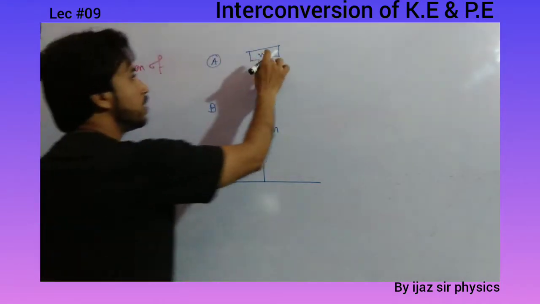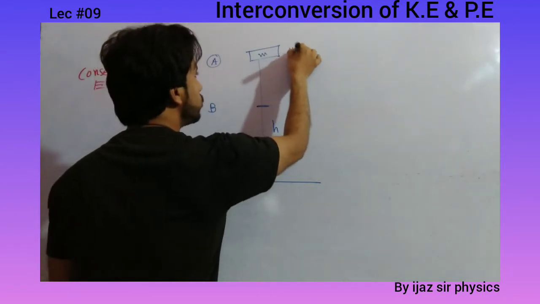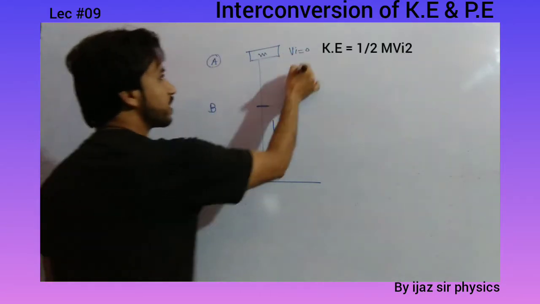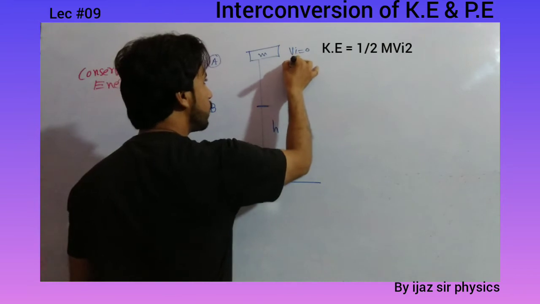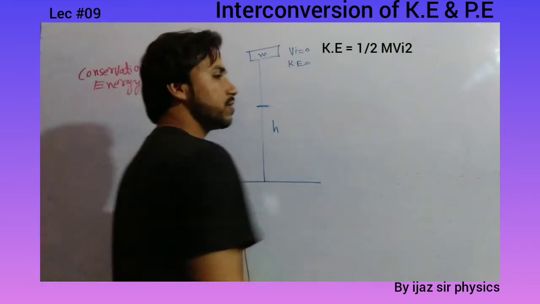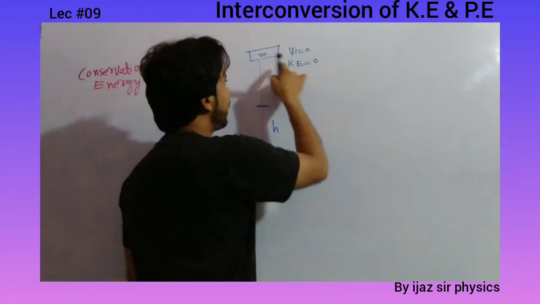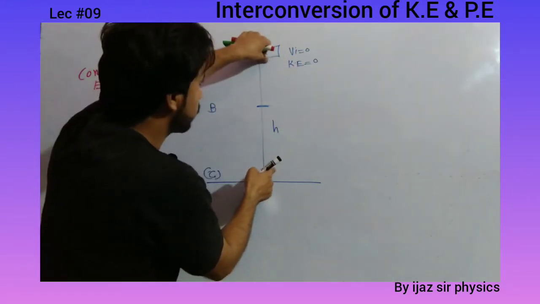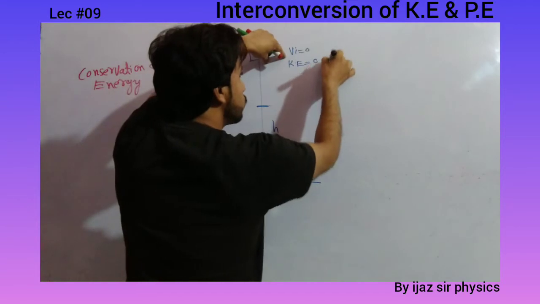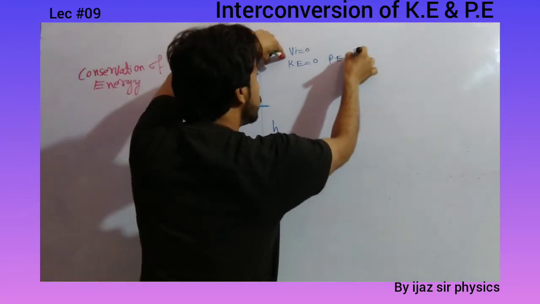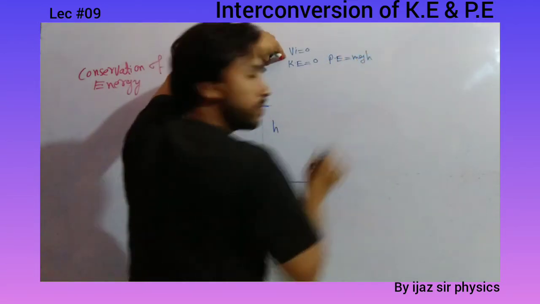Let's start. Here initial velocity is 0, that's why kinetic energy is 0, because kinetic energy is 1/2 mv square, and that is 0. Here height is h, so potential energy is equal to mgh.